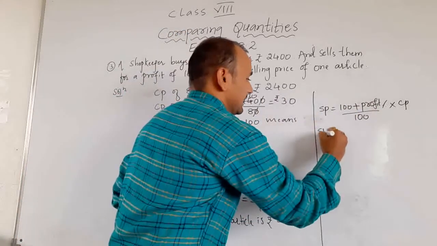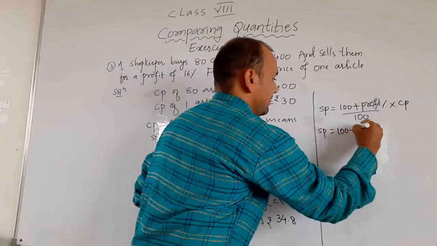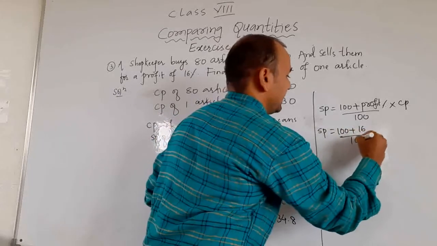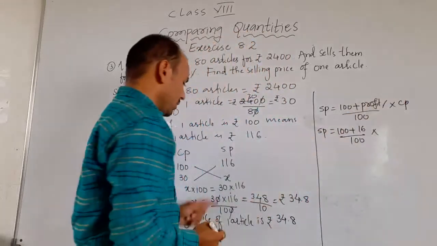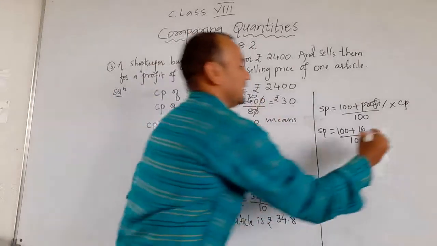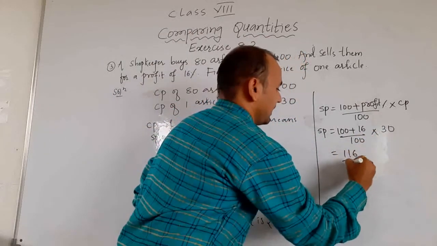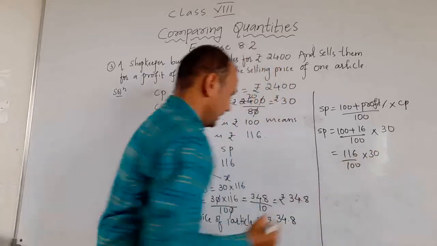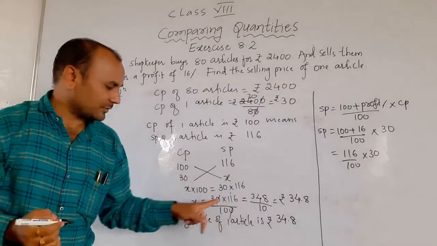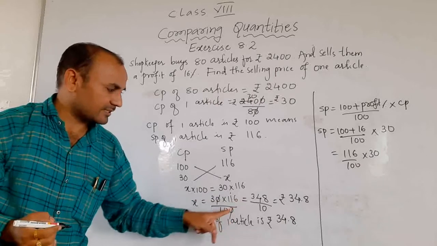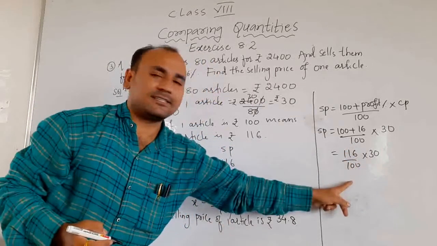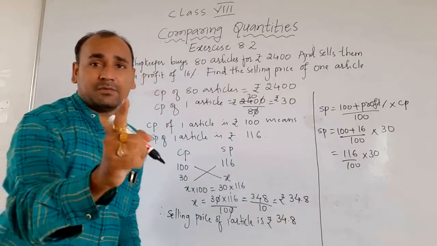So SP is equal to 100 plus 16 divided by 100 into CP. CP of one article is 30. So this is equal to 116 divided by 100 into 30, which is the same as this one. You can see 30 into 116 by 100, 30 into 116 by 100, same.